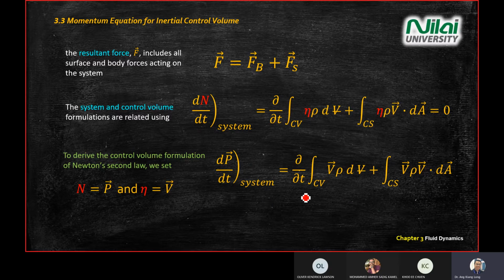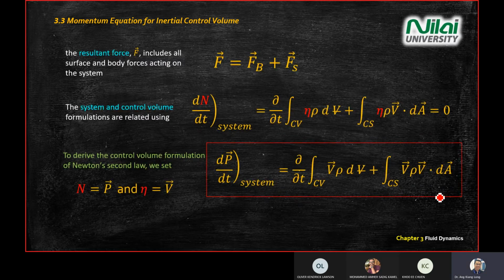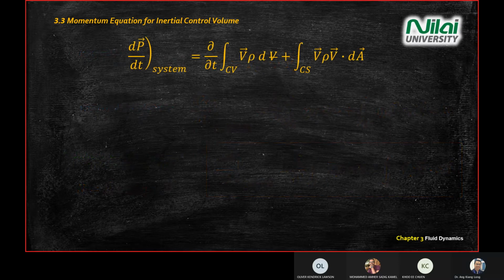Okay. So again, remember, this is the equation that you should memorize for today's lecture. This is the momentum equation. So this is the form of the momentum equation. On the left-hand side, it just shows you the general form, and then the right-hand side will be what happened in the control volume and what happened in the control surface.